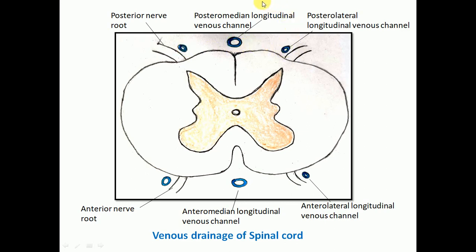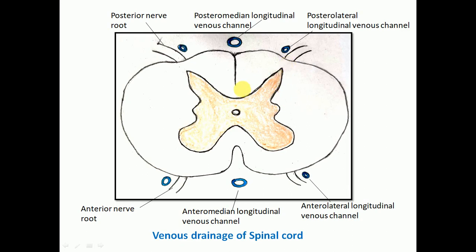Now these venous channels communicate with the internal vertebral venous plexus, and from this the blood is drained and finally passes through the intervertebral foramina, and they receive blood from another 4 sets of veins.